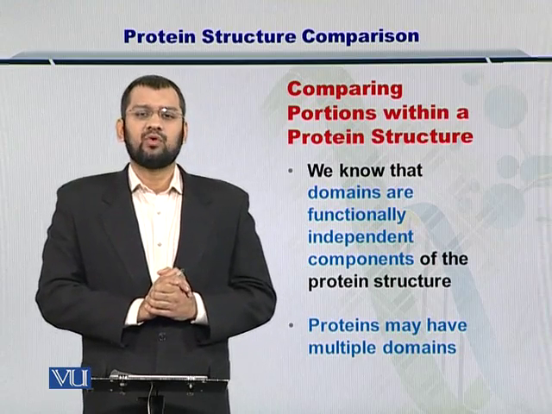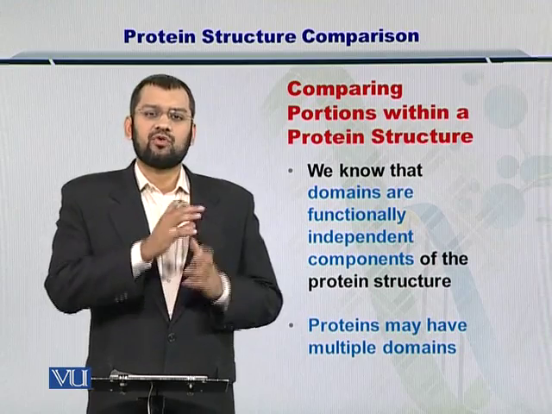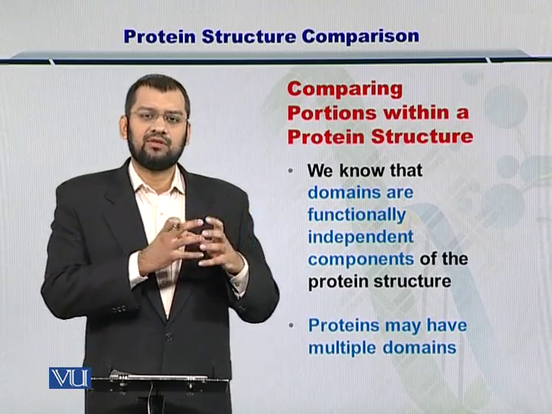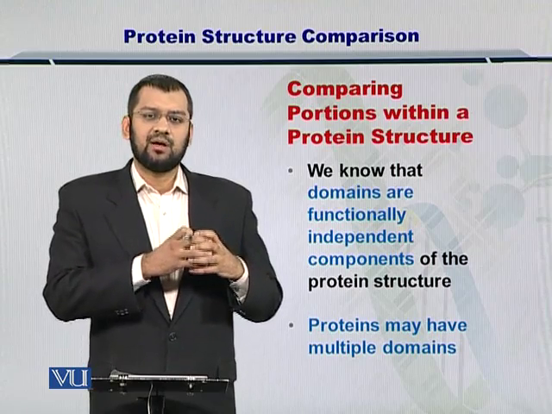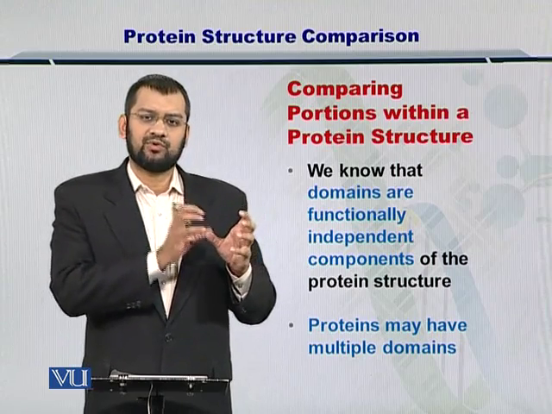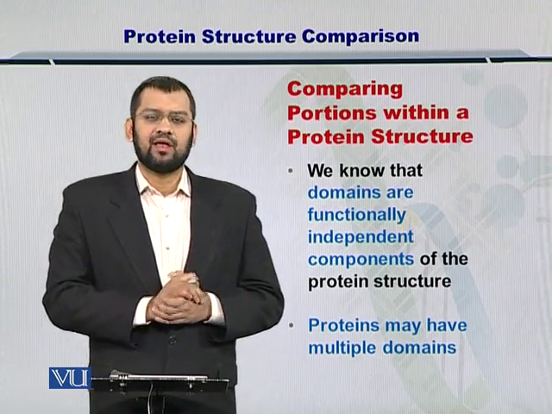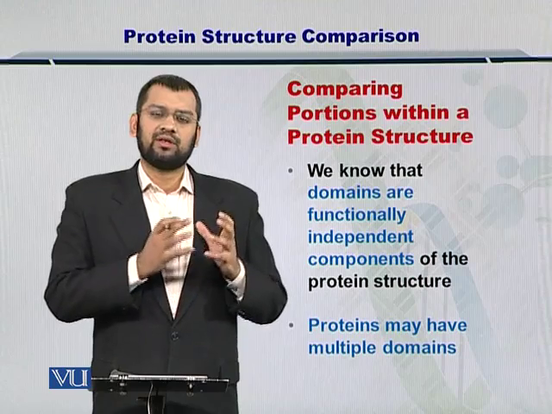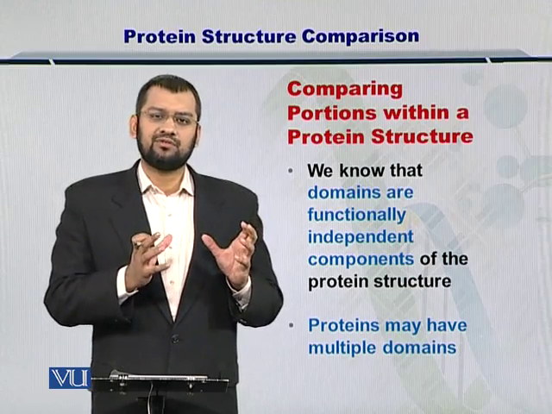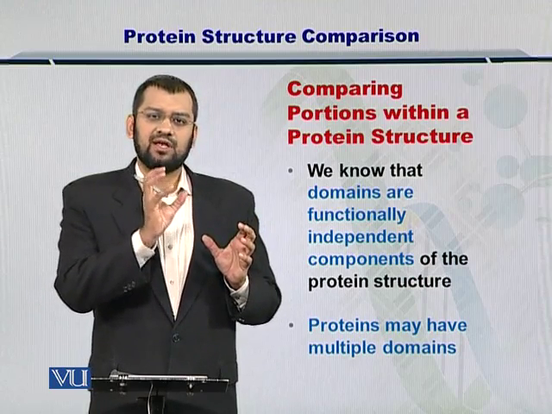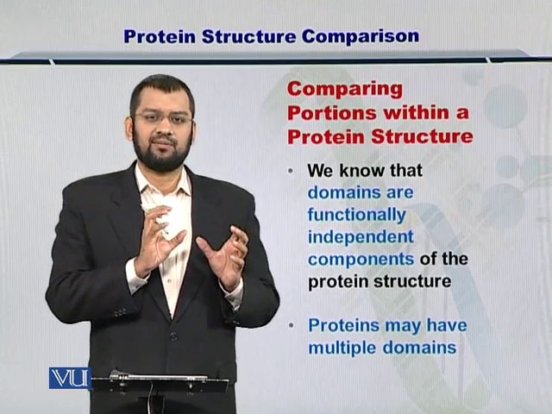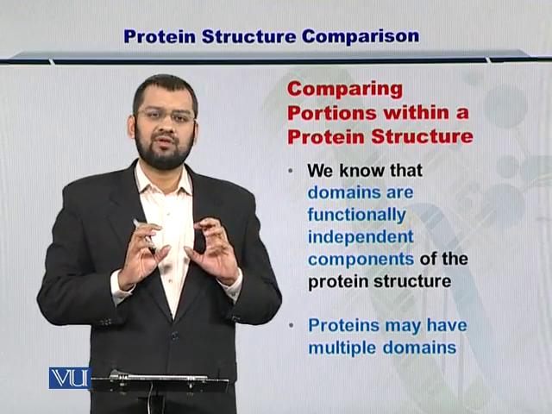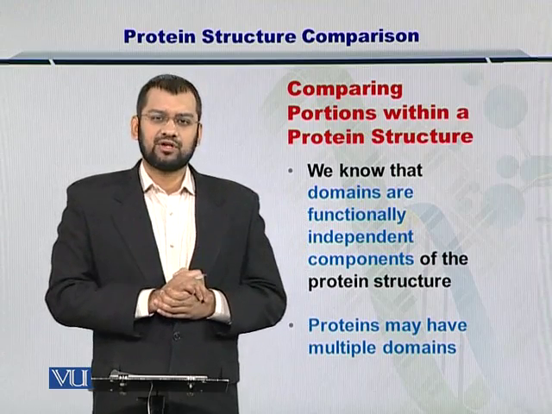Now, towards comparing portions of the entire protein. There may be cases when the two proteins are not matching each other, but portions of these proteins are very similar. One example can be the domains. As you know, a protein may contain multiple domains, and the domains are functionally independent subunits of a protein. Such domains may be shared between different proteins which are performing the same function.